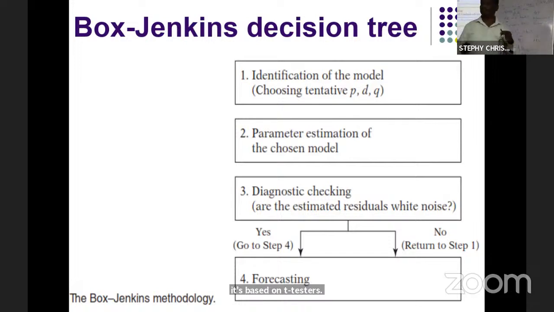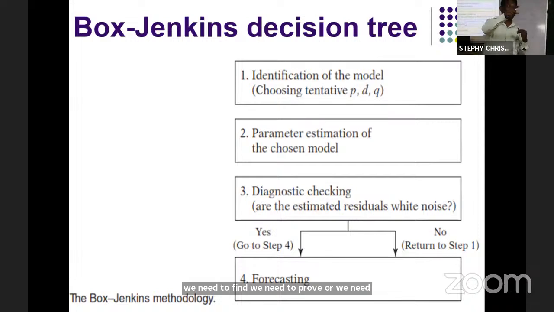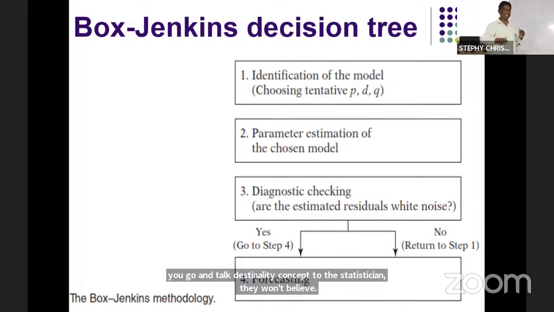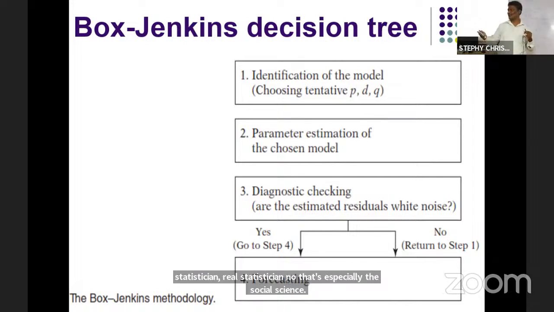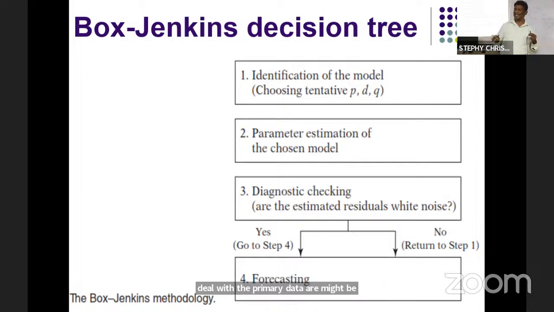But we need to prove that the variable is stationary. If you go and talk about the stationarity concept to a statistician, they won't believe it. Real statisticians, especially in social science, deal with primary data, and even if they are using time series, they won't go for it.